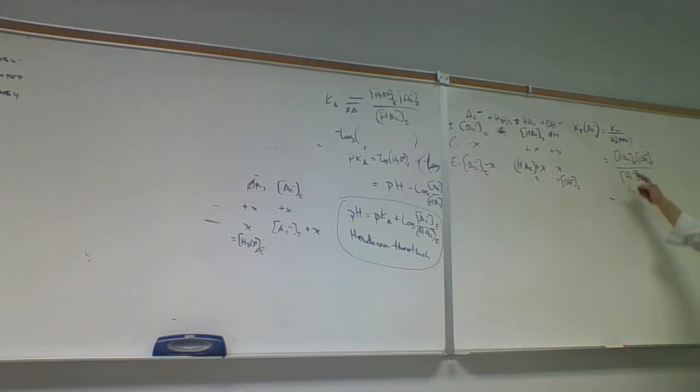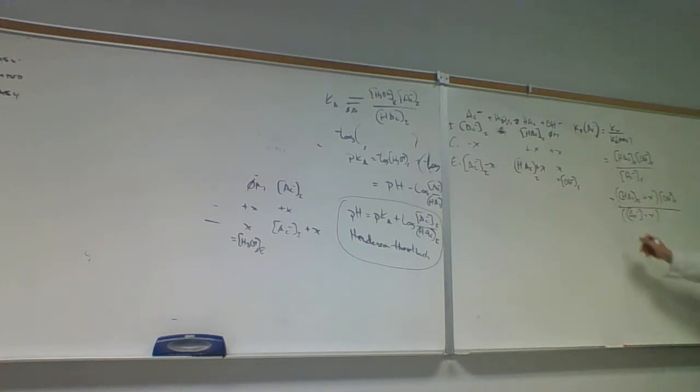So plugging that in, the HAC concentration at the end of step 1 is the HAC initial plus x, times the hydroxide concentration at the end of step 1, divided by the AC minus concentration initial minus x.